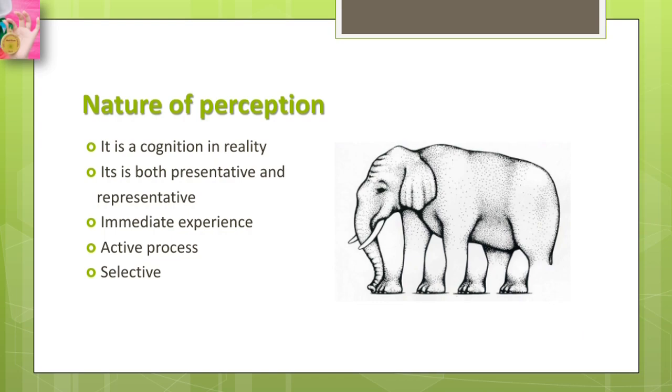Now, basically perception is an experience of the objects or persons which are present before the experiencing individual, which is the perceiver.